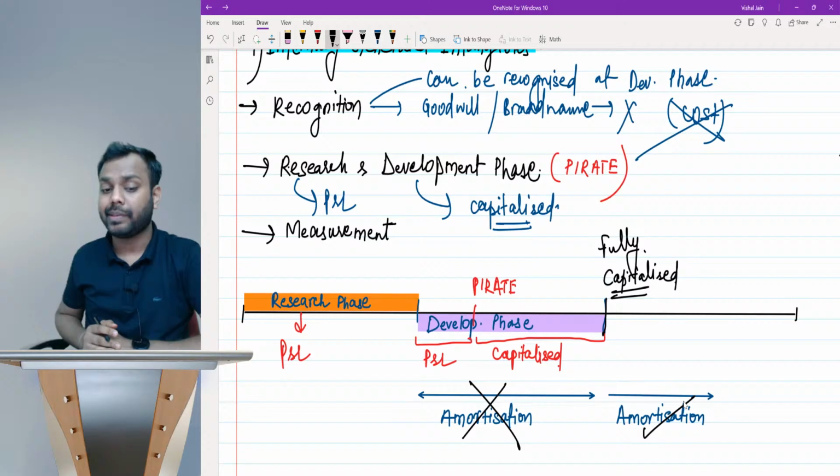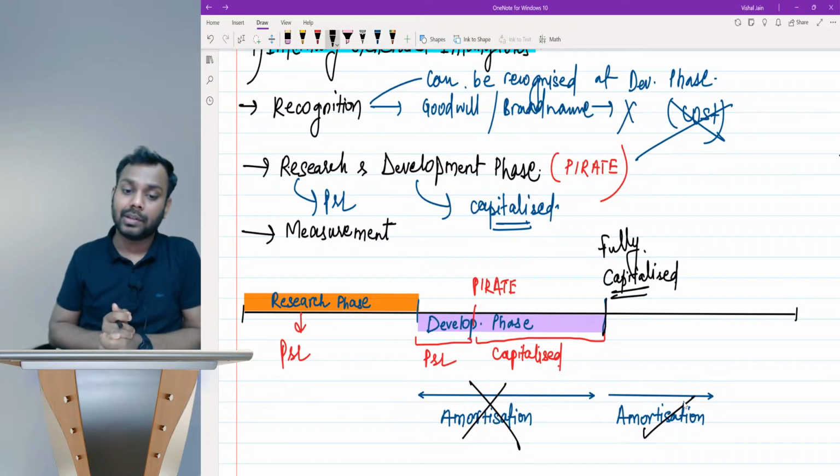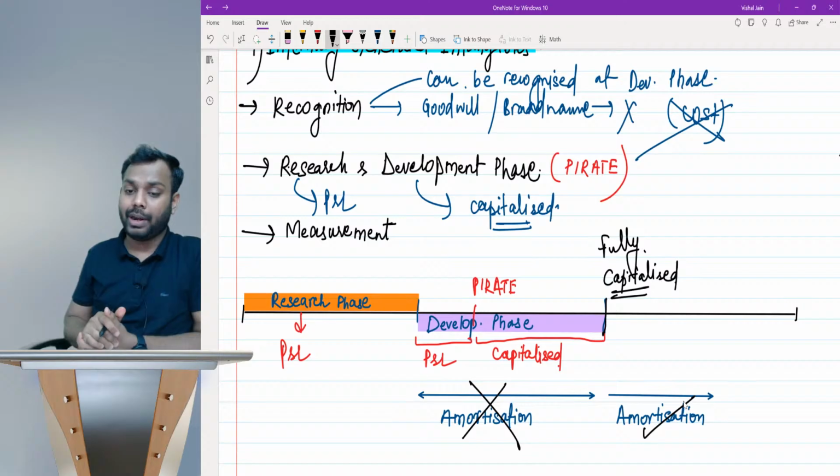Is that clear, guys? I hope this chart will be helpful for you. Tell me, is that clear to all till here?